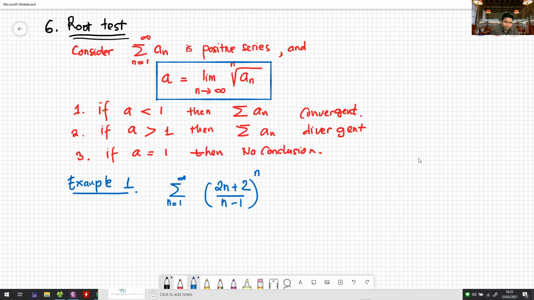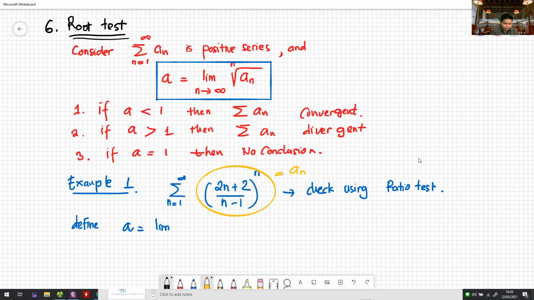Okay, we will check using the root test. How can we do it? We define the A first. A is the limit of the a_n. a_n-nya yang mana nih? Oke, a_n adalah semuanya ini ya.